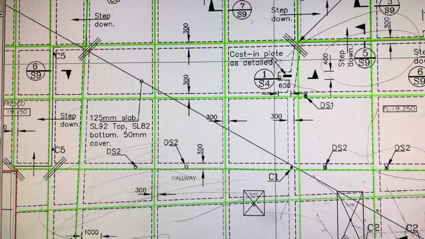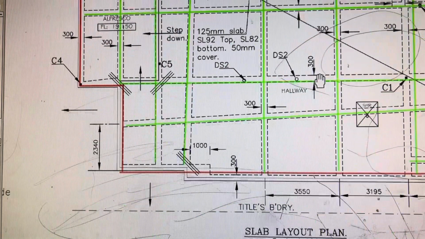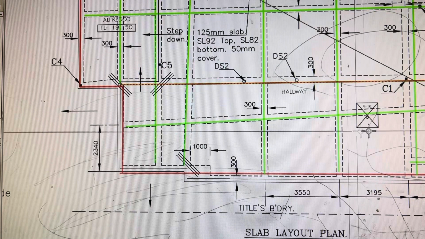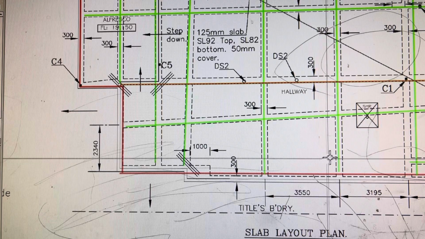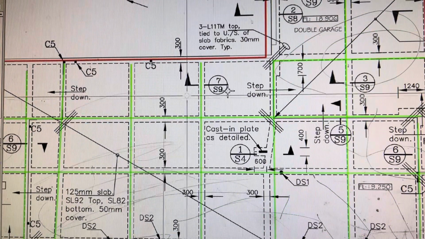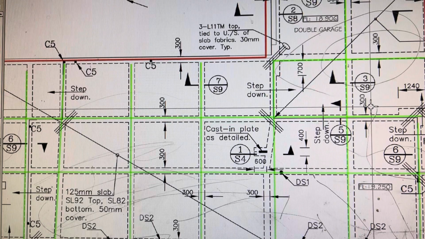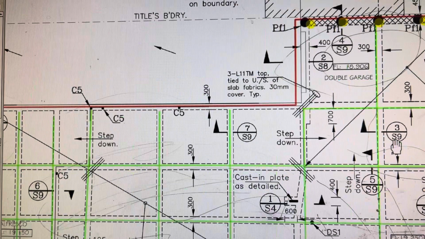This is stage 1, step 1, wherein you got the area of the slab and all the linear meters of external and internal beams and footings, bore piers, and if there's any other footing type, we take that as well.